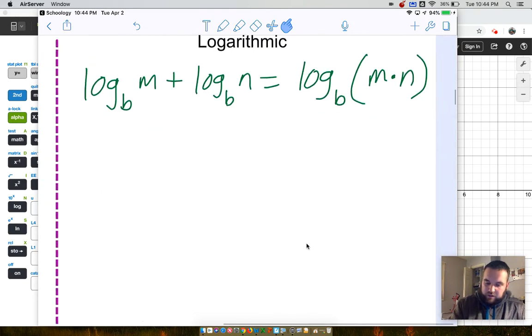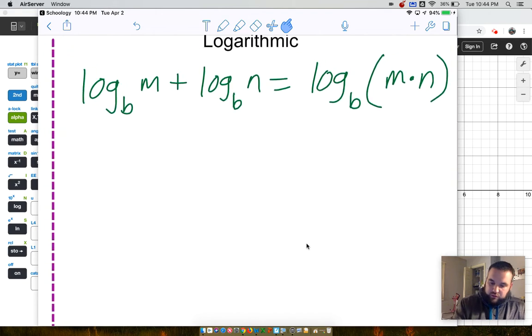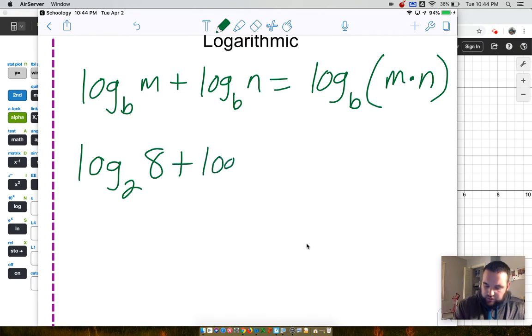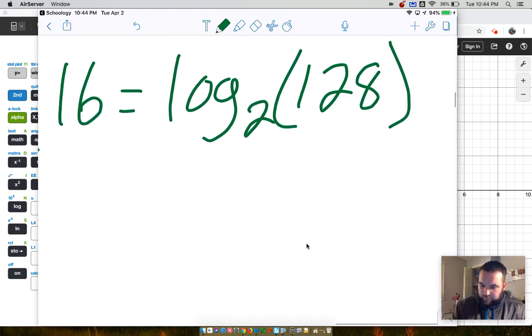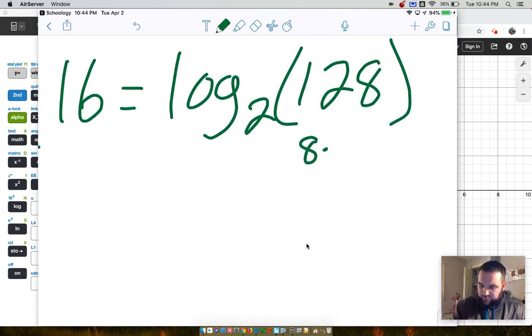Okay, so a numeric example of this would be log base 2 of 8 plus log base 2 of 16 is equal to log base 2 of 128, and this number comes from 8 multiplied by 16.